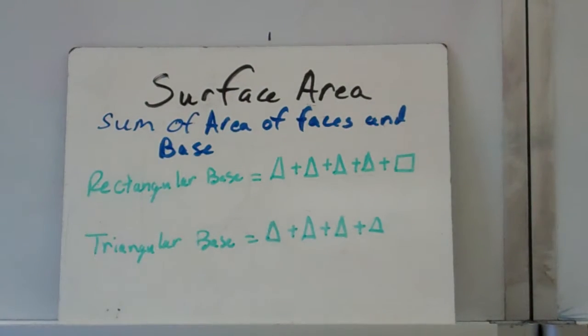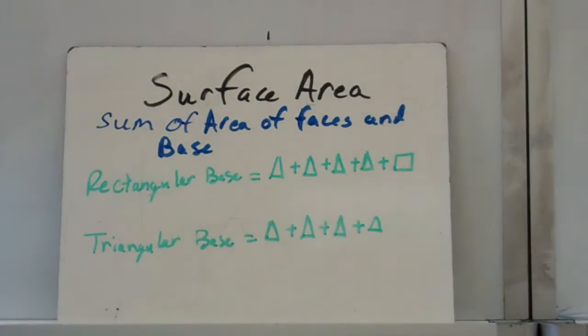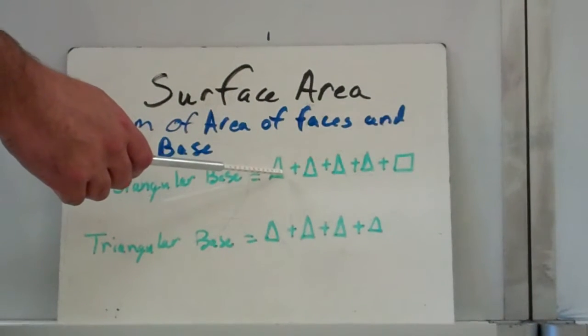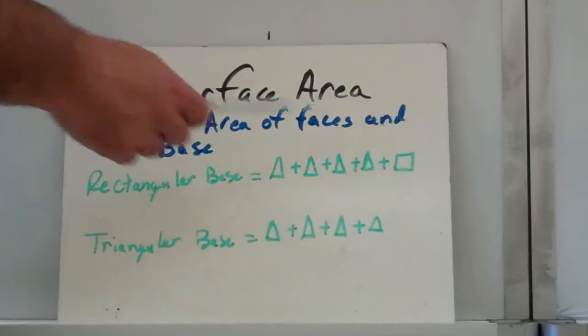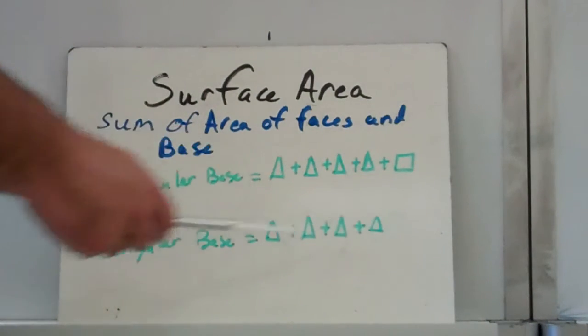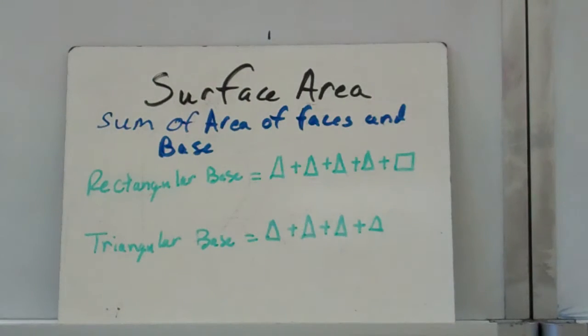For a rectangular based pyramid, add up the area of the triangular faces, all 4 of them, and the rectangular base. And then for the triangular pyramid, we're going to find the area of the triangular faces, all 4 of them, and add them up, and that will give us our surface area.